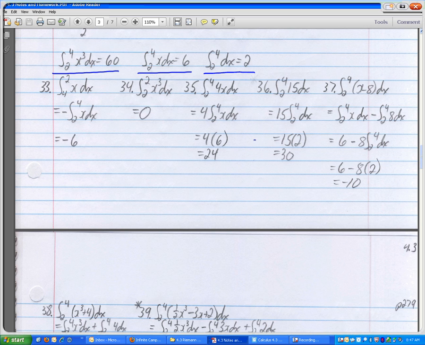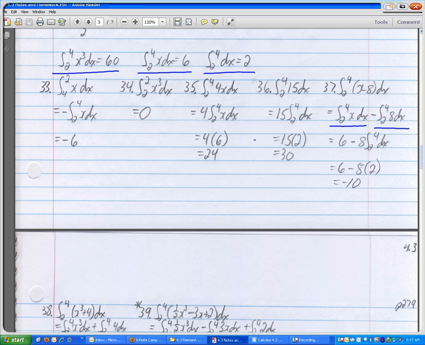For 37, we have the integral from 2 to 4 of x minus 8 dx. So use the property that says that we can turn this into separate integrals of each term, and then either plus or minus, whichever is between them. So the integral from 2 to 4 of x dx, and then since it's x minus 8 up here, it'd be minus the integral from 2 to 4 of 8 dx.